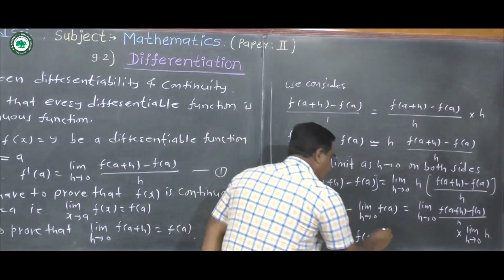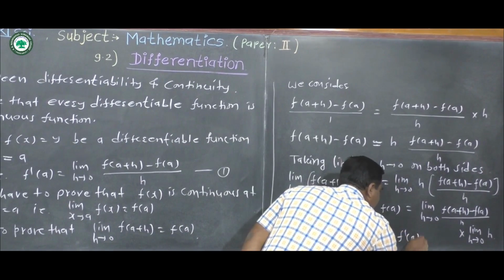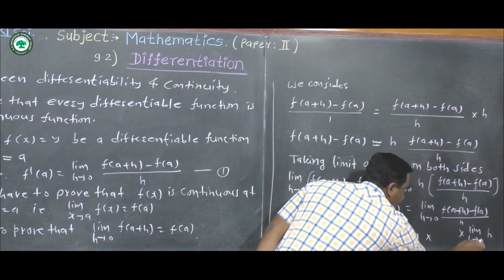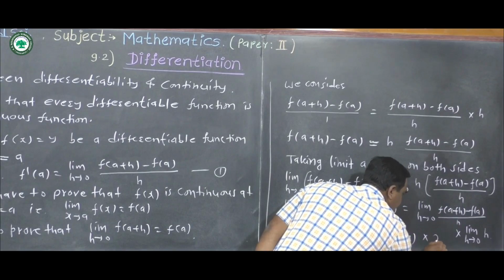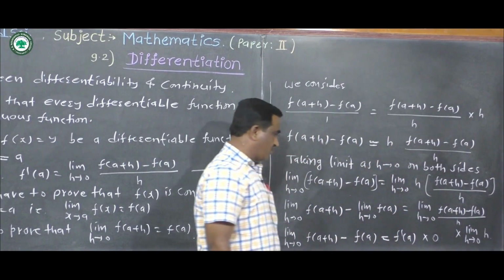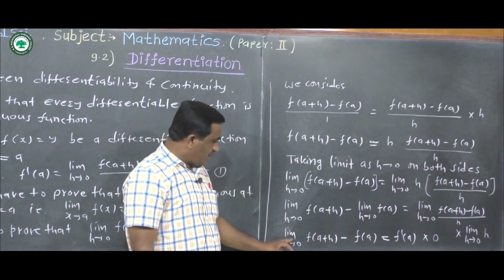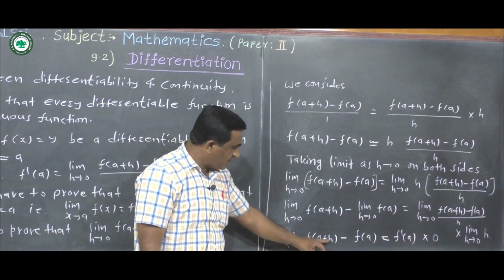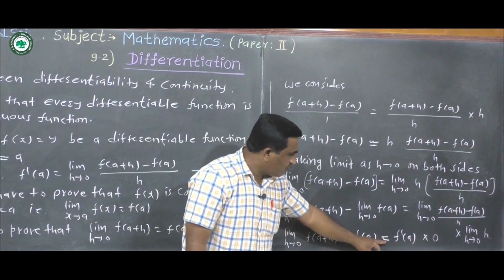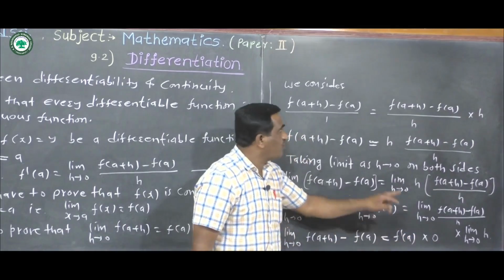Put this value here: f dash of a into limit h tends to 0, we get here 0, h is equal to 0. That is, we get limit h tends to 0 of f of a plus h minus f of a is equal to f dash of a into 0, which means 0.